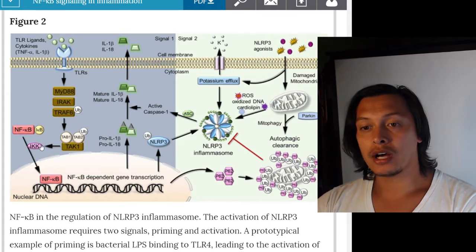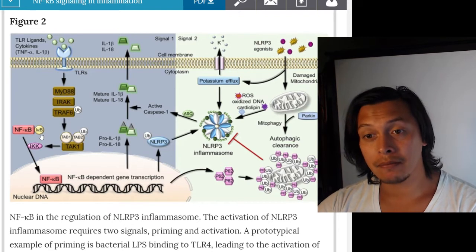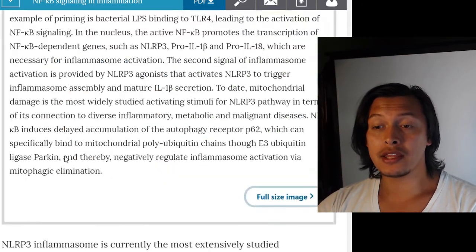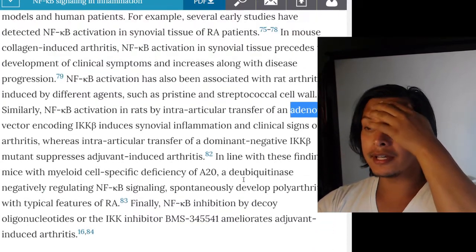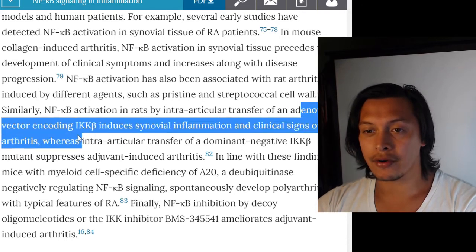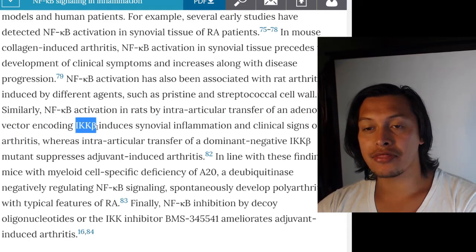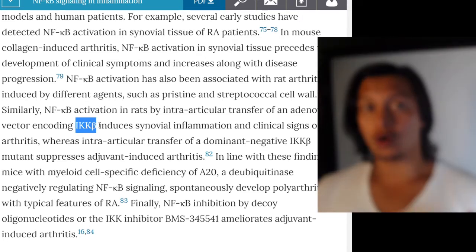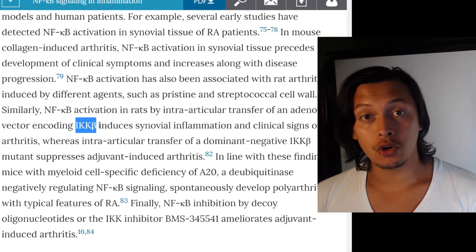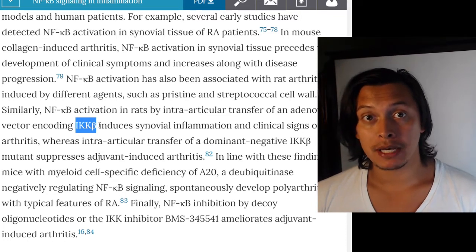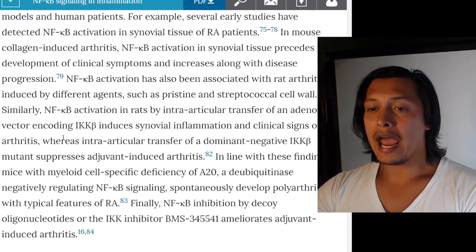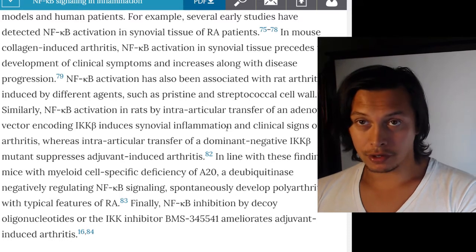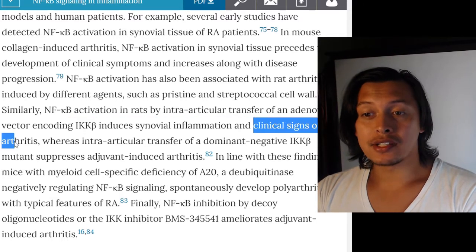But IKK will add phosphates to this I kappa B, and by adding phosphates to this I kappa B, it'll pop off, which activates nuclear factor kappa B. So what they have done here is they have made an adenovirus which encodes IKK beta, and basically, rather than it being a regulated expression of IKK beta, you have constitutive or much more expression of IKK beta. And so by doing this, you are now activating nuclear factor kappa B by removing the inhibitor from it. And if you do this, you see synovial inflammation, or inflammation of the cells in the synovial fluid, and you will also see clinical signs of arthritis.